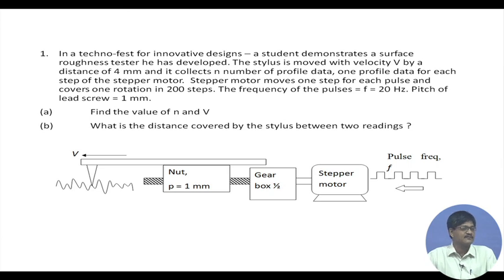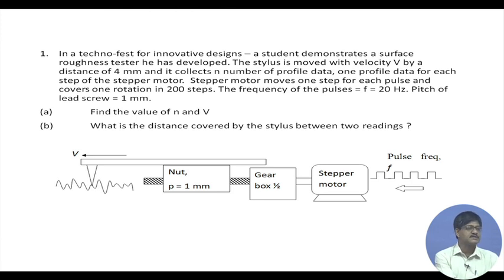So, surface roughness testers generally work this way. The stylus will move forward and then come back to its starting position, and in between it will record values of ups and downs, crests and crevices, so that this data will be processed to find out the roughness of the surface.